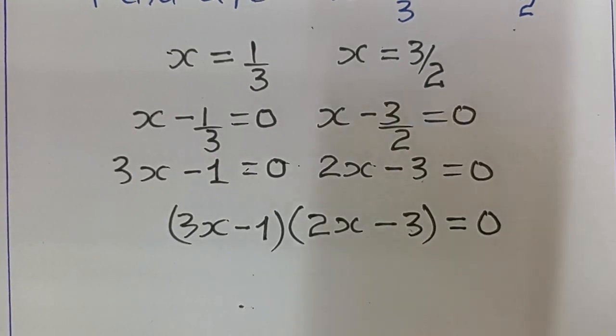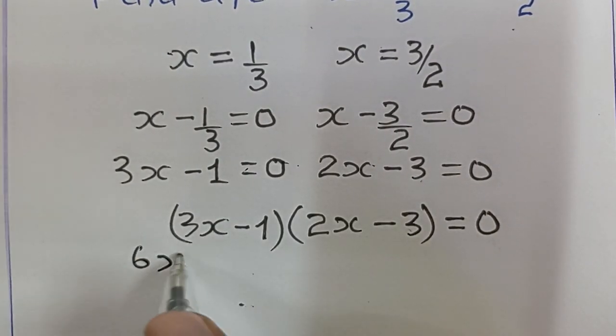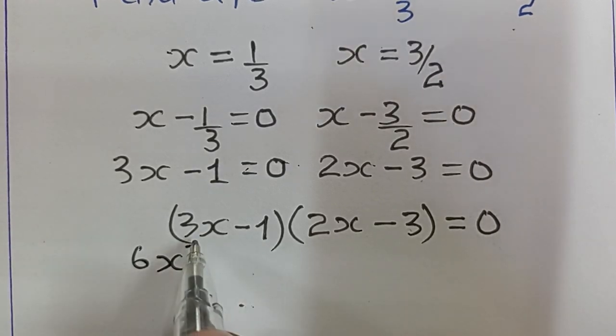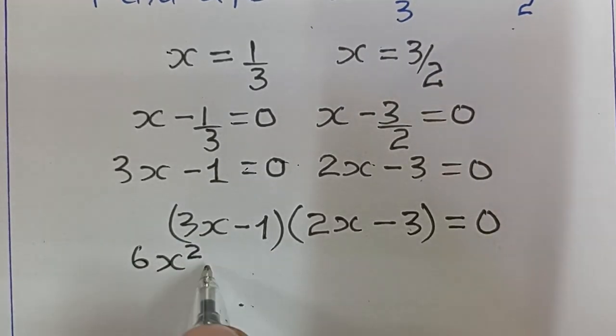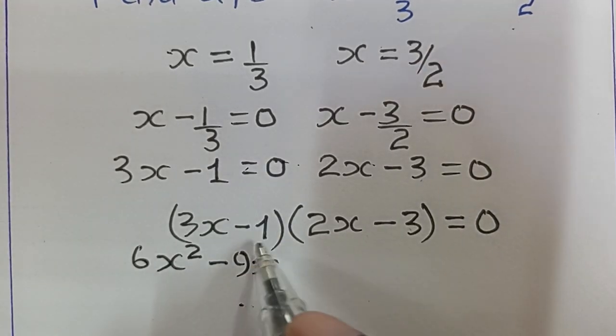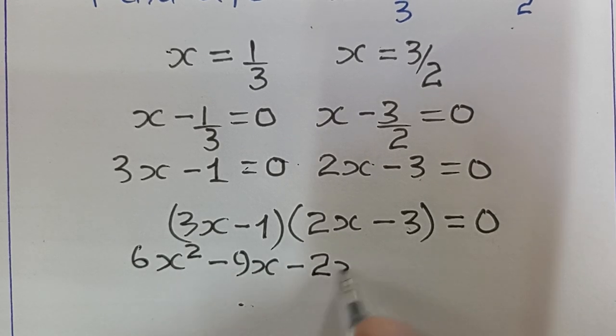And therefore, our equation then is going to be 6x squared, multiplying 3x by 2x. 3x multiplied by minus 3 gives us minus 9x. Minus 1 multiplied by 2x gives us minus 2x.